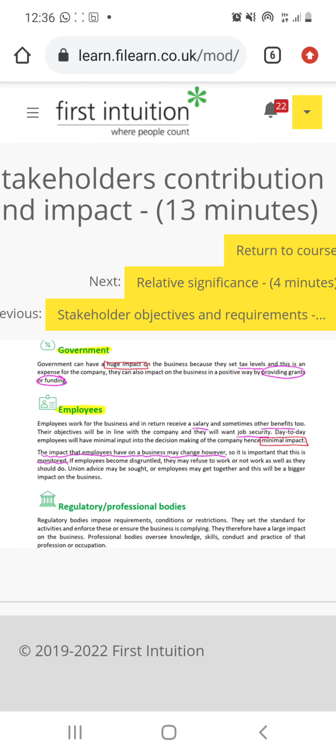They may get together, and this will have a bigger impact on the organisation. So, stakeholders can change in terms of their influence and the impact they have on a business. Individually, with employees, very low impact, but en masse and all together, a high impact. Union activity, perhaps go slows at work.